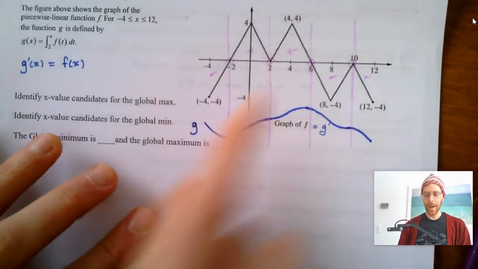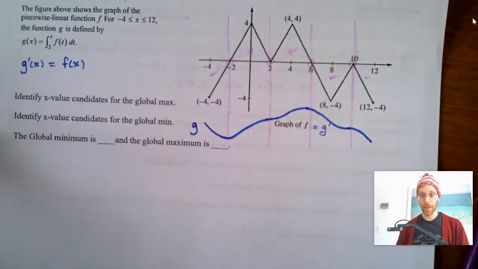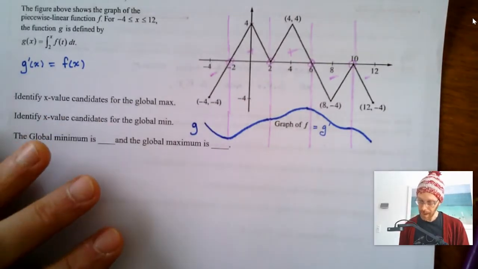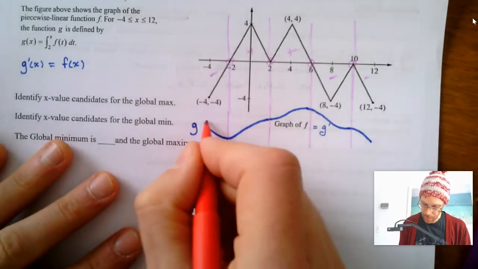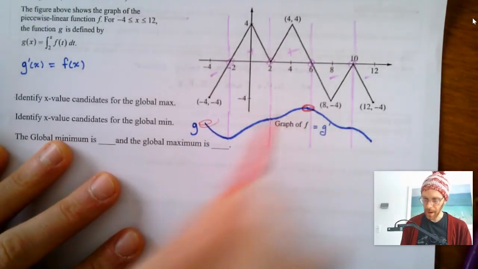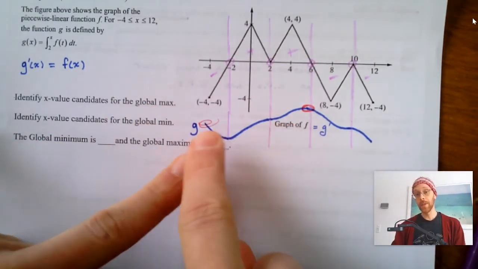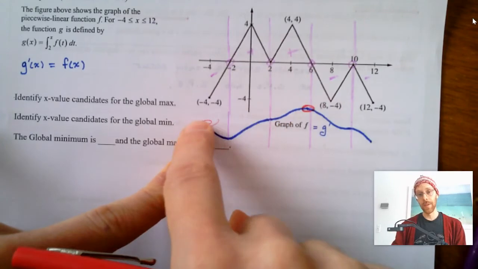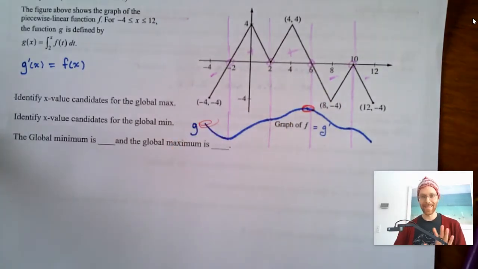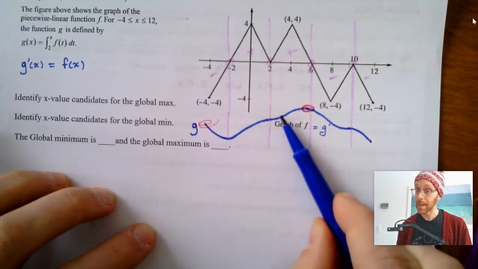All right, so now that we know that, what are our x values that are candidates for the global max? I see two of them. I see right here at the beginning, and I see right here at 6. Now keep in mind that even though I drew it so that this one looks like it's bigger than this one, that's not necessarily the case because I didn't know how much this was going to increase by.